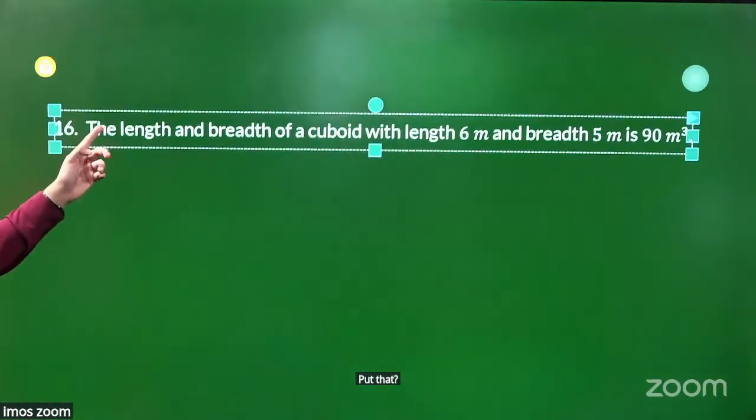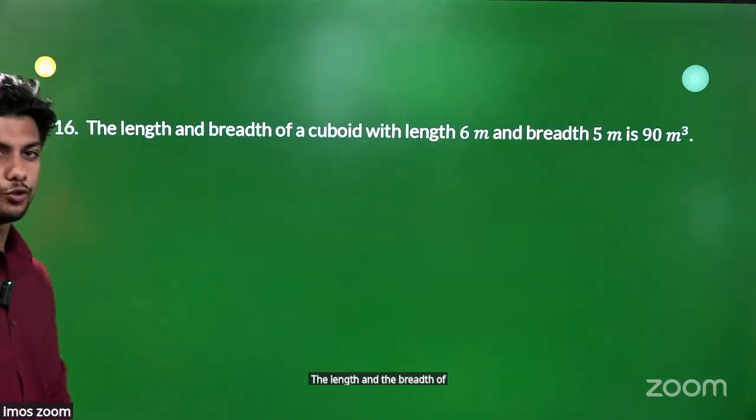Let's see the length and the breadth of a cuboid.